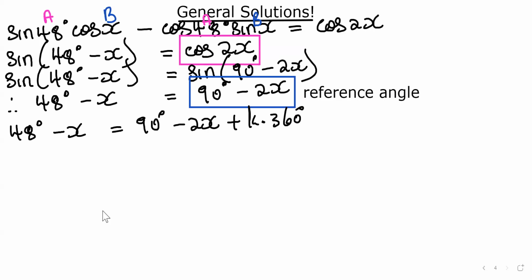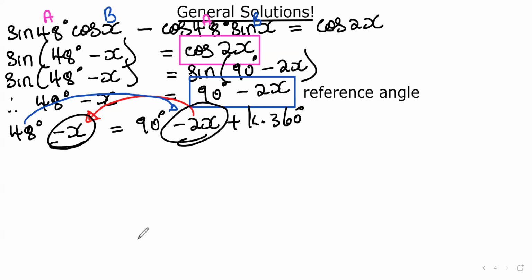Then you want to collect your like terms. So you take the 2x to the left, it becomes positive, and 48 to the right, it becomes negative.